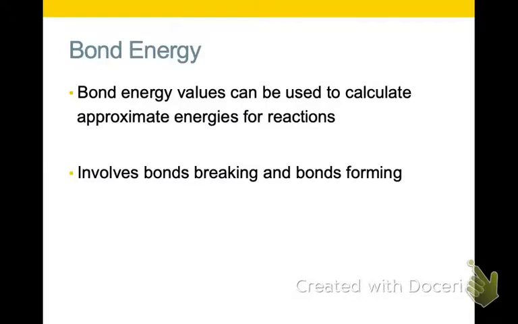So bond energy is the energy that's needed to break bonds or energy released to form bonds. So bond energy is just the involvement of bonds breaking and bonds forming, how much energy is being released or absorbed when bonds are breaking or forming. So that's what bond energy is.